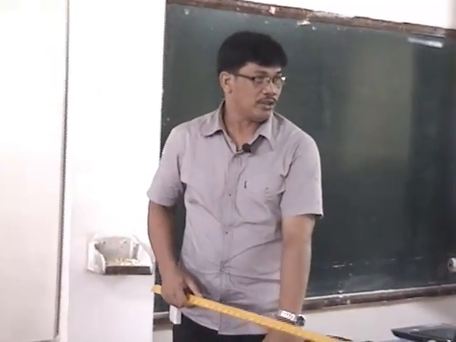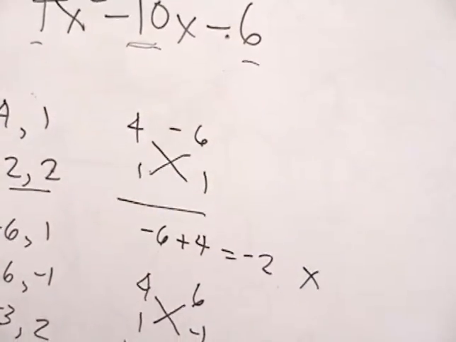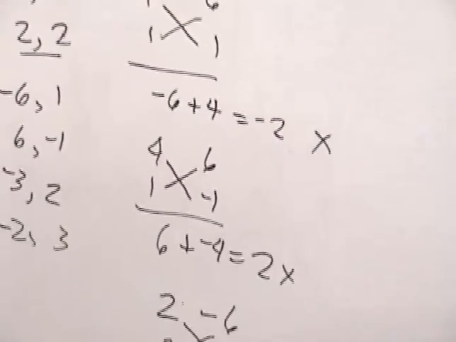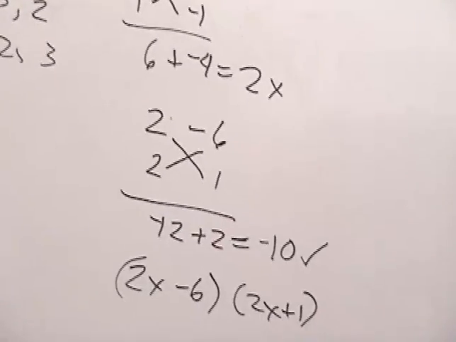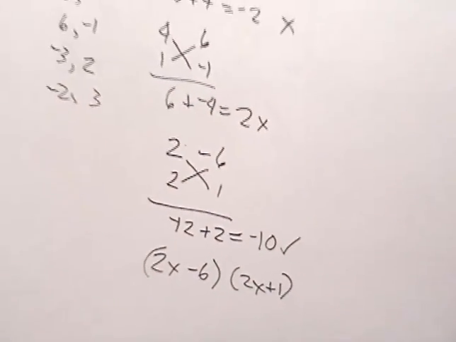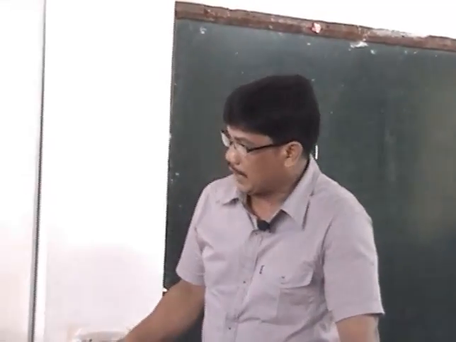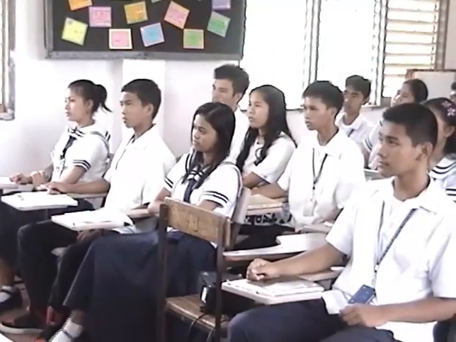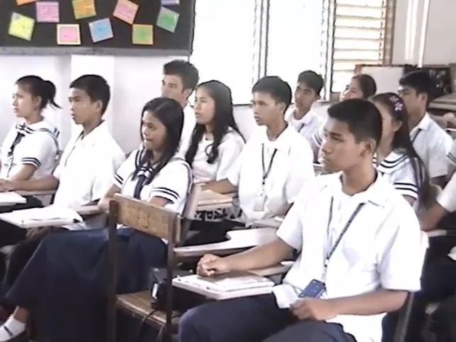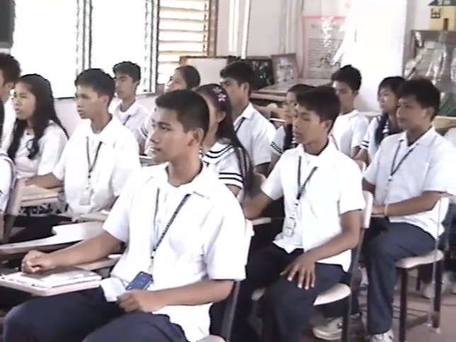This is what I told you, class, that this kind of quadratic trinomial is very complicated to factor, because you are going to use some trial and error just to arrive at the correct factors, just like what Lani has done. So you have to identify all the possible factors of 4x squared.